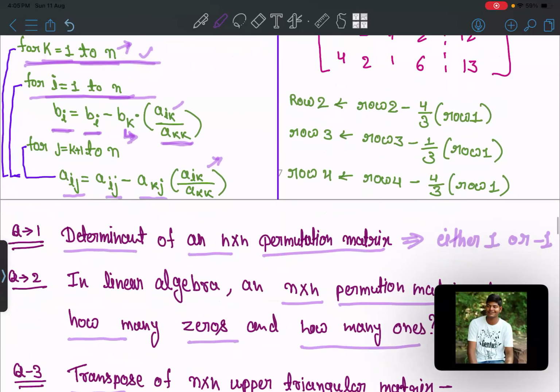And in that equation, for each column, we replace aij with aij minus akj multiplied by aik divided by akk. So first, this is the forward elimination. Now we'll try to represent this forward elimination in a computer program.